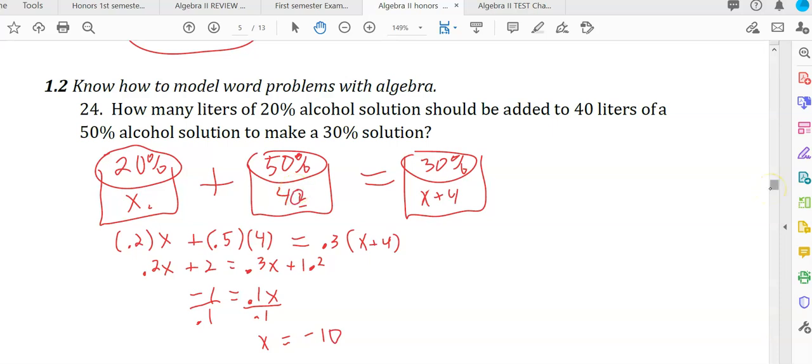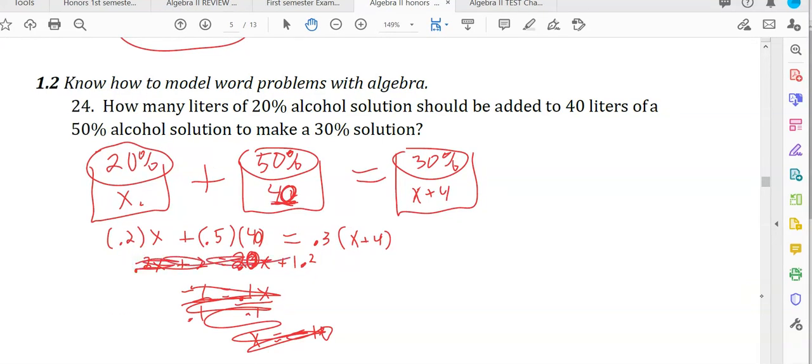Okay, I realized I was wrong. That's 40 right there, which means 0.5 times 40 is 20. So this is not that. So that's 20x. Let's just redo that line here.